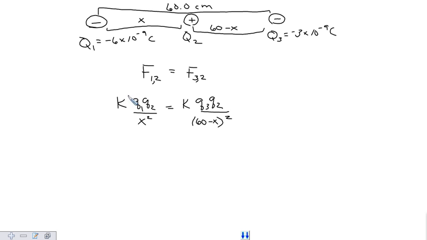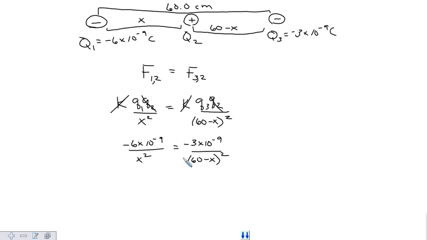So mathematically, I just can reduce out my constant. That's the same on both sides. I can also reduce out charge 2, which is what I said before. It doesn't matter what my charge is because mathematically it's going to reduce out. Q1 is negative 6 times 10 to the negative 9th over x squared. Q3 is negative 3 times 10 to the negative 9th over (60 minus x) squared.